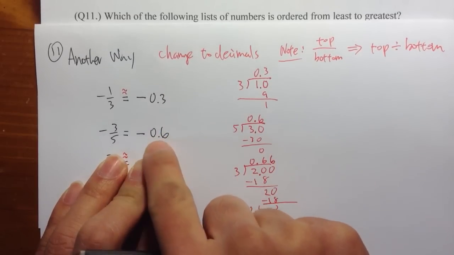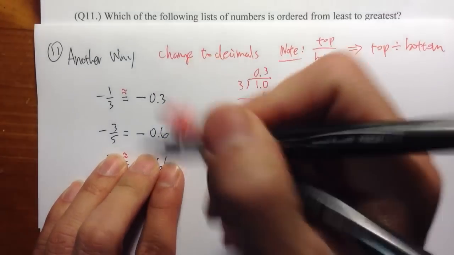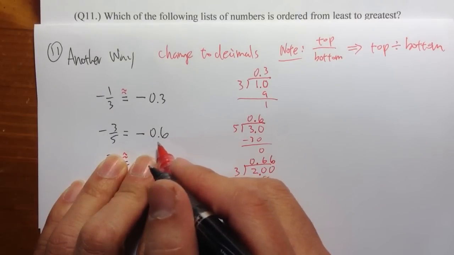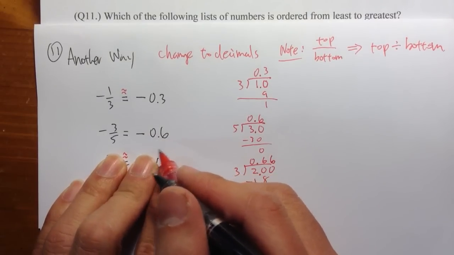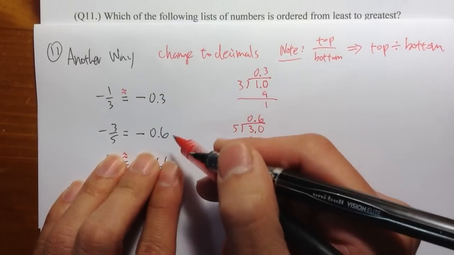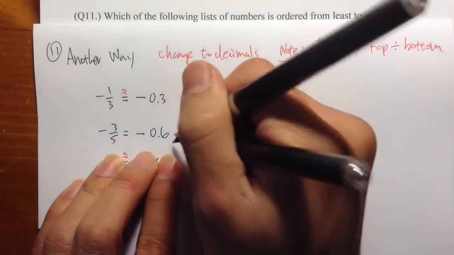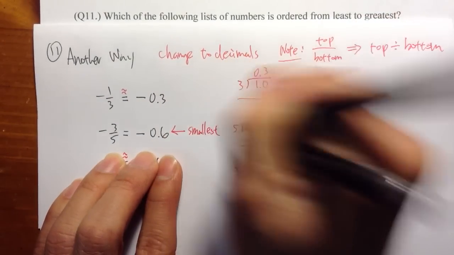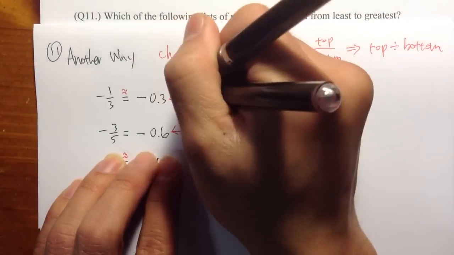Negative 0.6 is smaller. You can think about this as owing somebody $0.6 versus owing somebody $0.3. Owing more is a worse situation, a smaller number. So negative 0.6 is the smallest, and negative 0.3 has to be the second smallest.